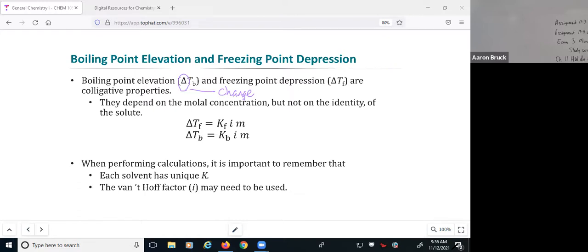So when our substances are non-molecular, when they are ionic, the van 't Hoff factor is going to be used to quantify how many particles there are in the solution and account for more drastic changes as a result.